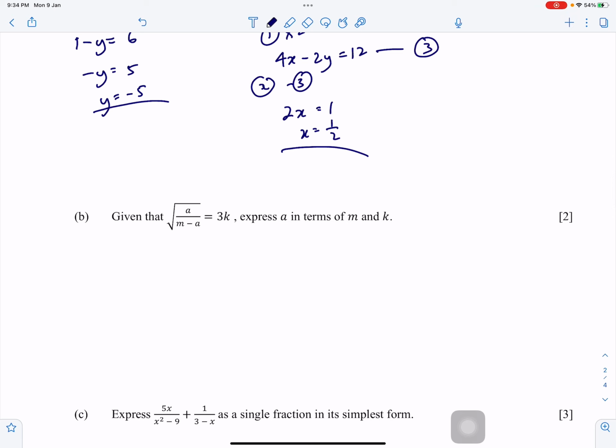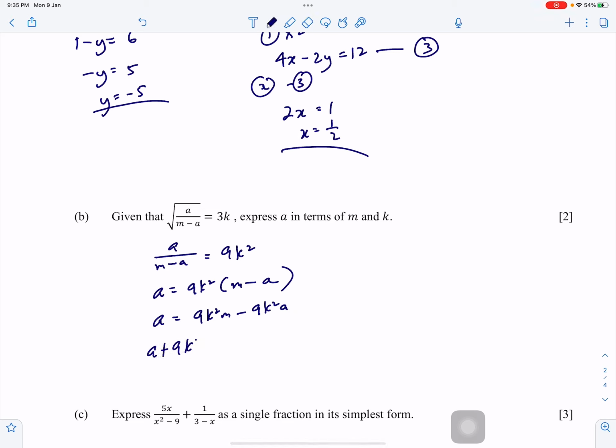Now this one, express A in terms of B, M and K. Let's take a look. You bring all the A to one side over here, and you factorize them out.